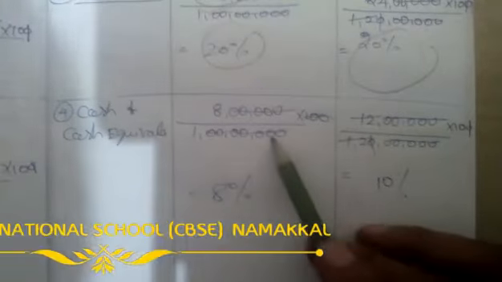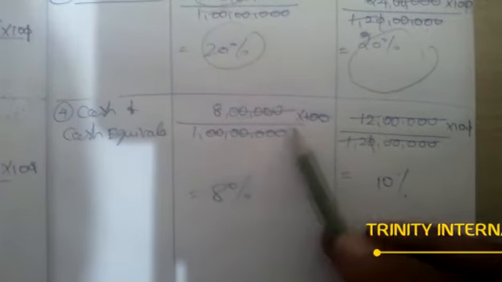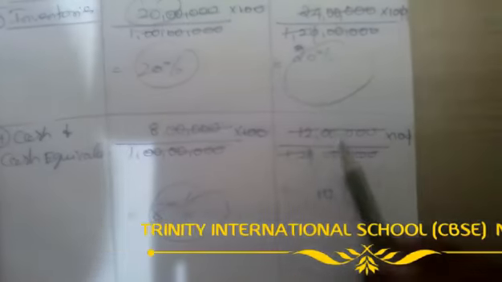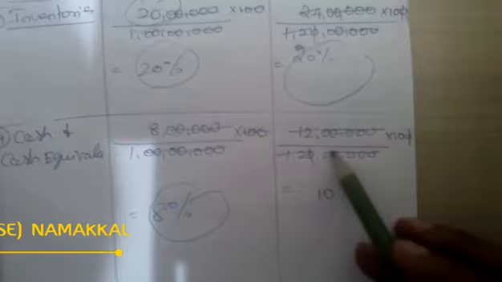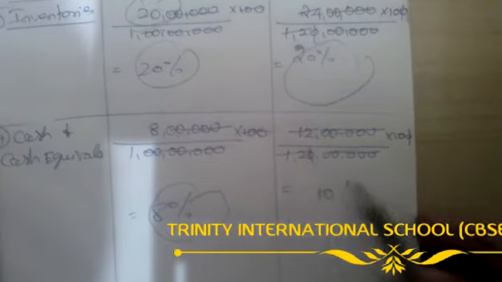Then cash and cash equivalent: 8 lakhs divided by 1 crore into 100. Same here, 50, here 50, here 100. So simply you get 8%. Similarly here, see here, 12 lakhs divided by 1 crore 20 lakhs. All this 50, here this 50, here 10 cut it, 1. So 12. So the final answer is 10%.